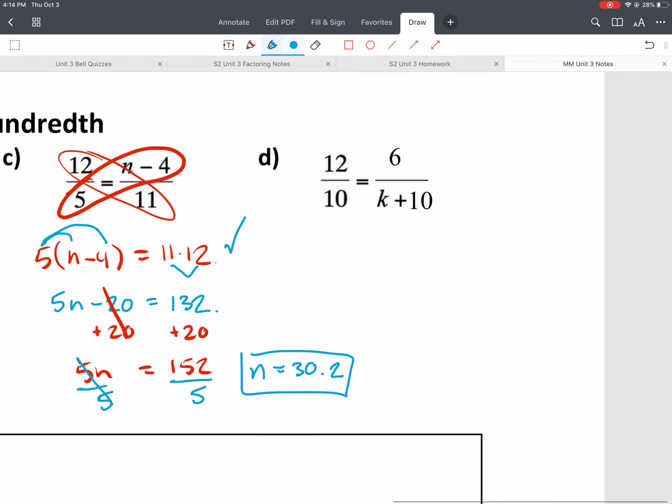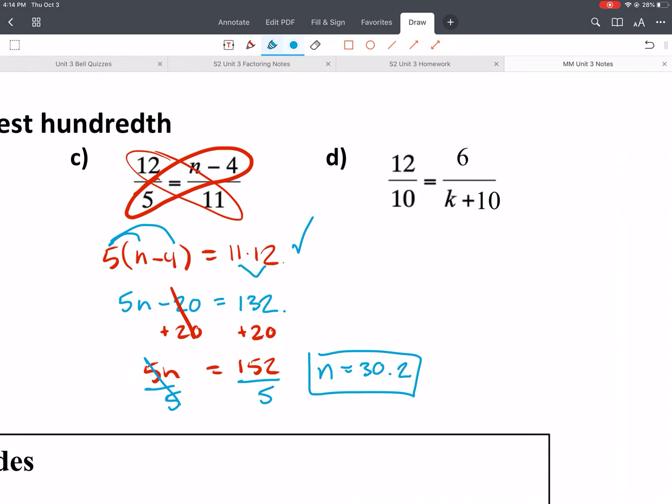Okay, D is basically the same, so pause if you can and give this a shot. So we would multiply, and that would give us 6 times 10 equals 12 times the quantity k plus 10. Make sure you put that parenthesis in. We would multiply to give us 60.